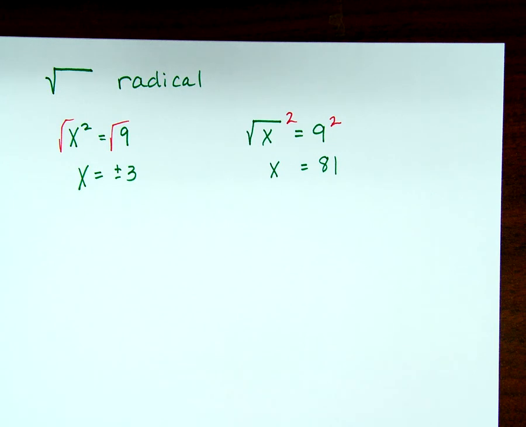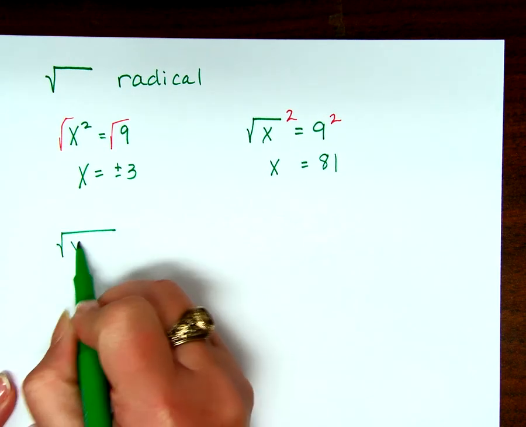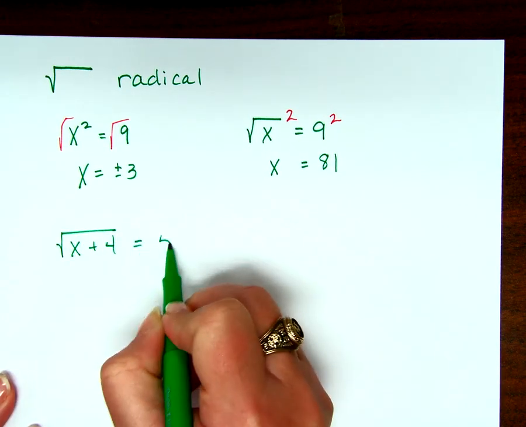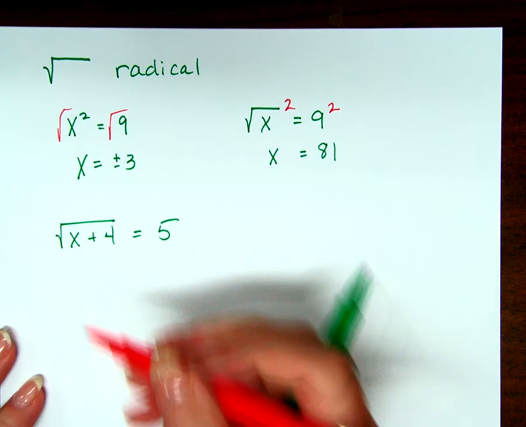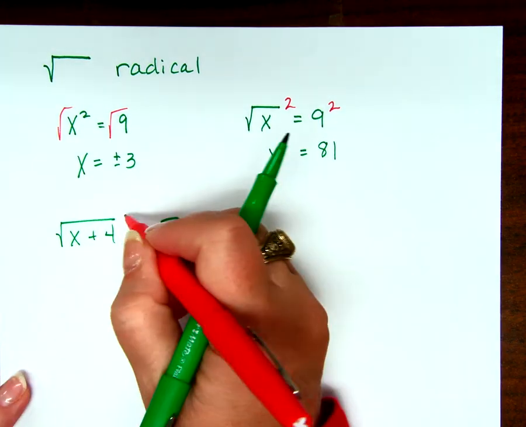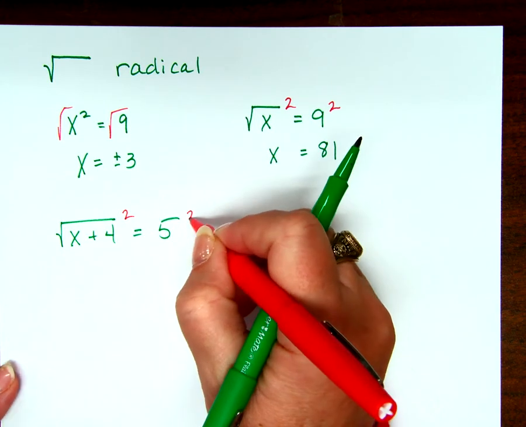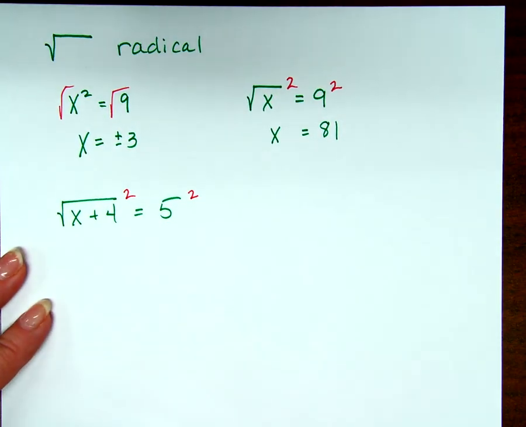Yes? Okay. So what if we have a problem that looks like this? What should we do first? Well, we've got to undo the square root. How do we undo a square root? I square it. If I square one side, I have to square both sides, right? What's left on the left-hand side?